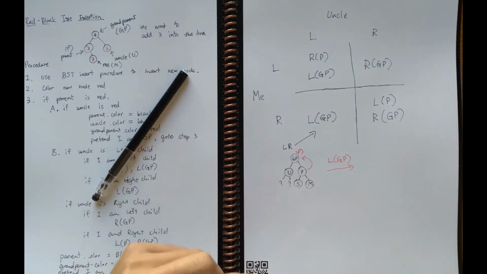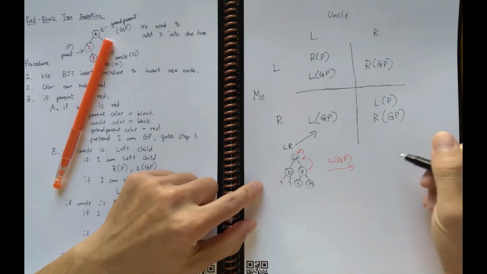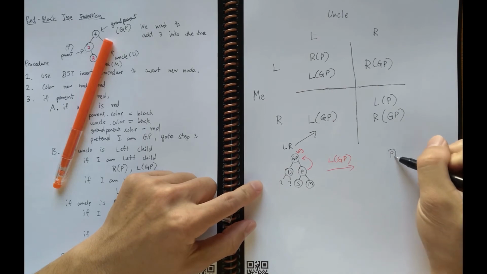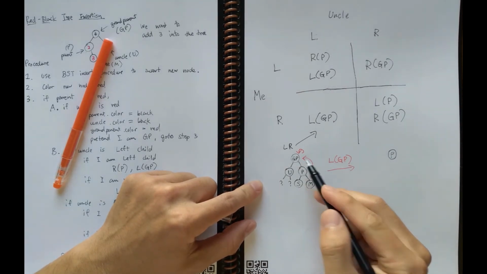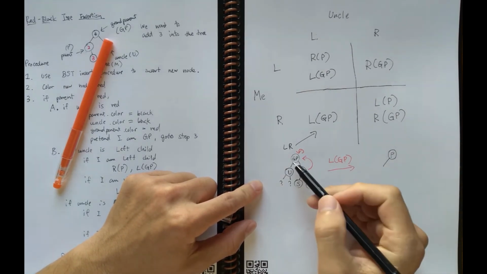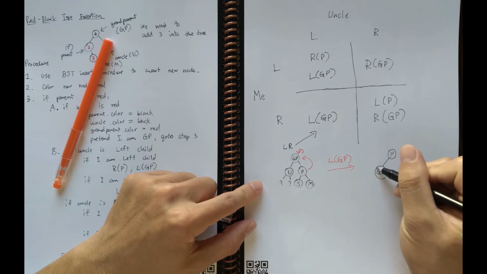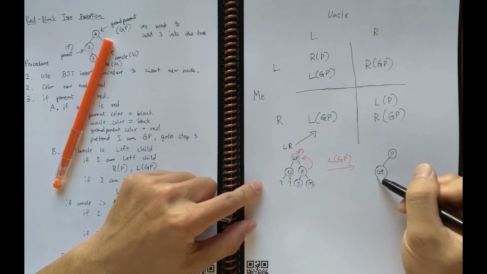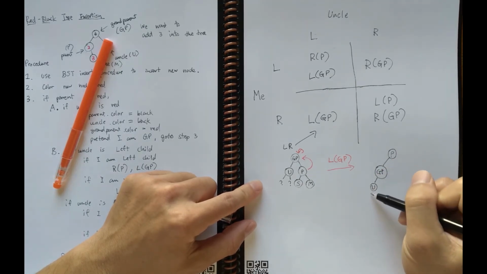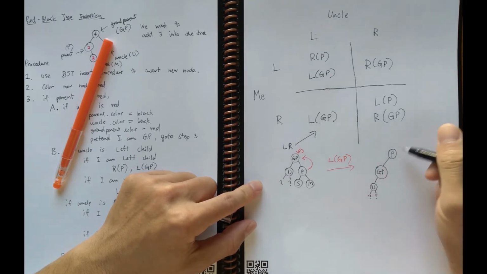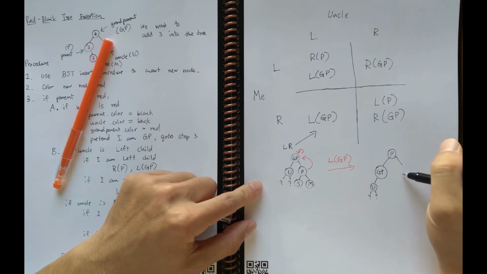So what's going to end up happening is P is going to end up being the root of the node. The grandparent becomes the left child of P. Uncle will stay with the grandparent. To the right of P is me.